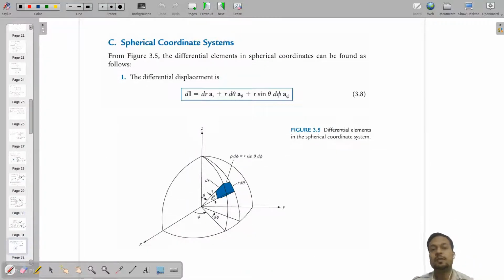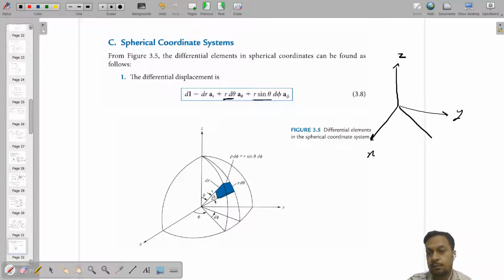Now in the spherical coordinate system, we have two major changes. Here we have arc lengths r d theta and r sine theta. Suppose this is y, this is x, and this is z.